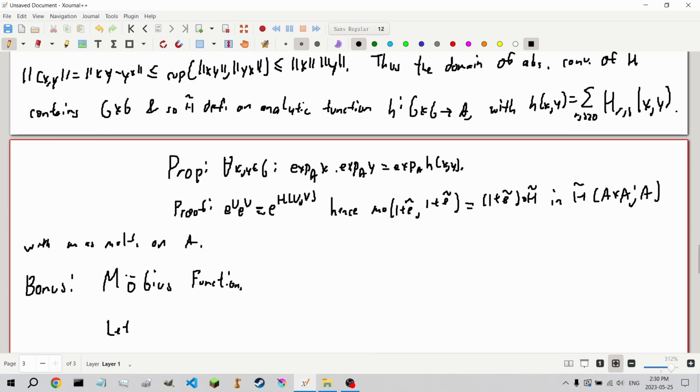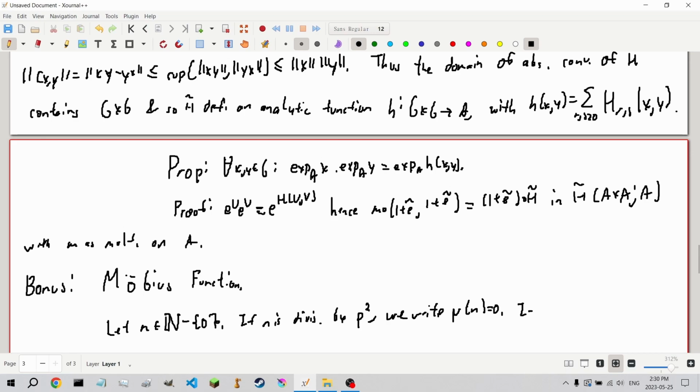Let n be a natural number, not 0. If n is divisible by a prime number squared, we write that mu of n is 0.